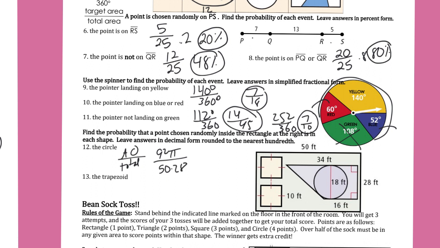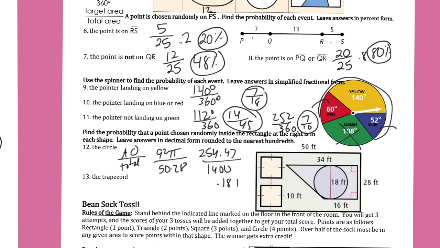If you do 9 squared times pi, you get 254.46. 50 times 28 is going to be 1,400. If you use those two numbers, you get 0.1817.